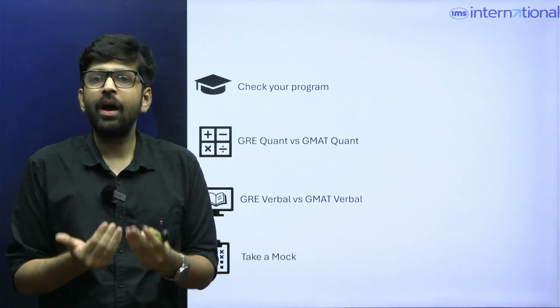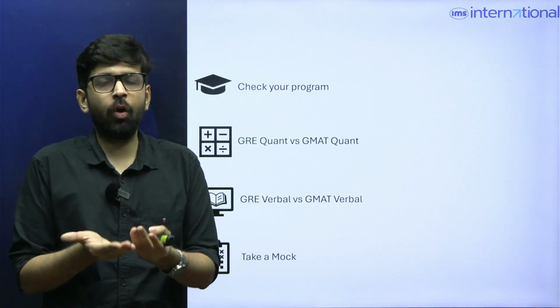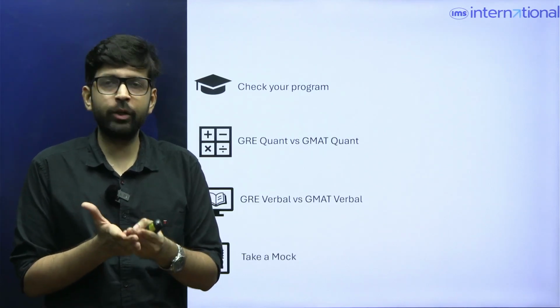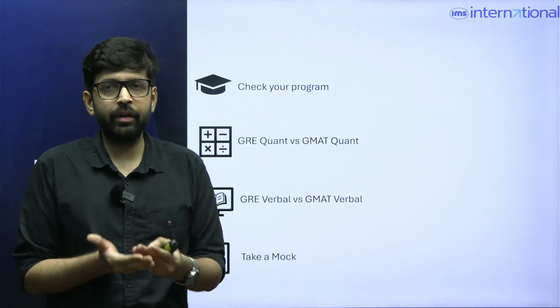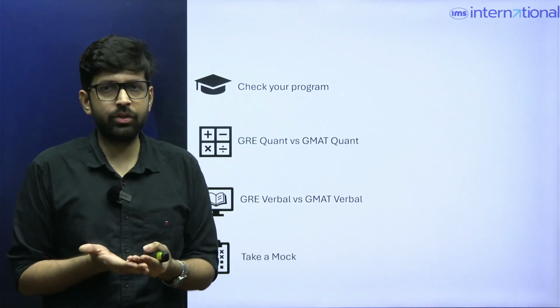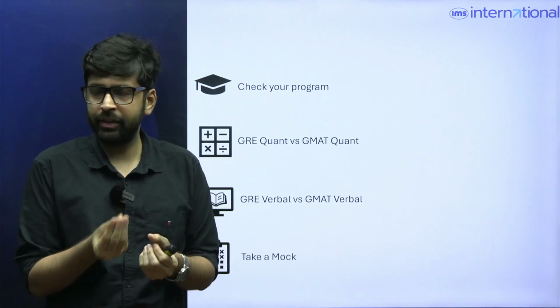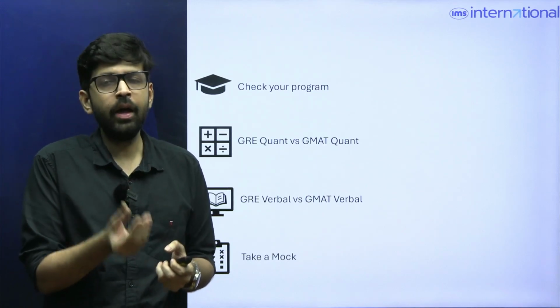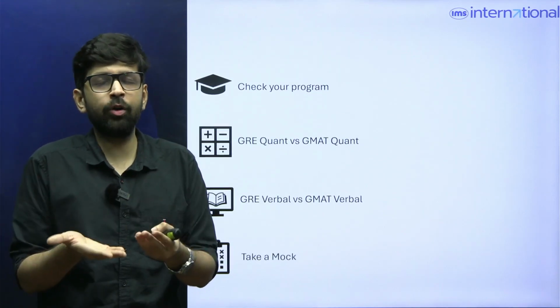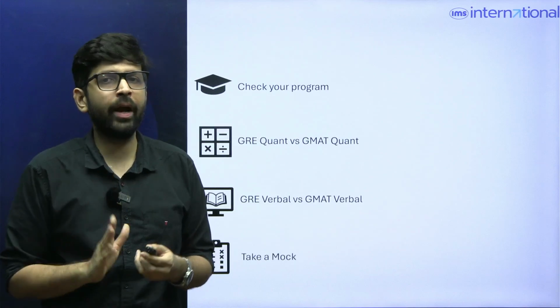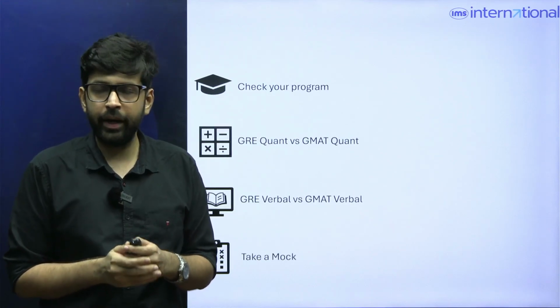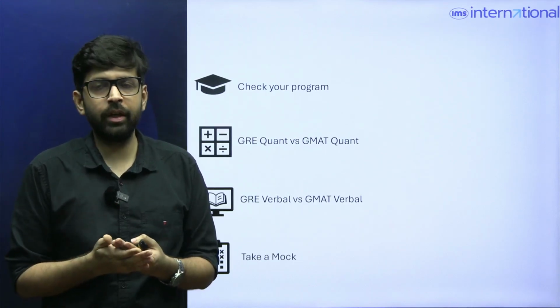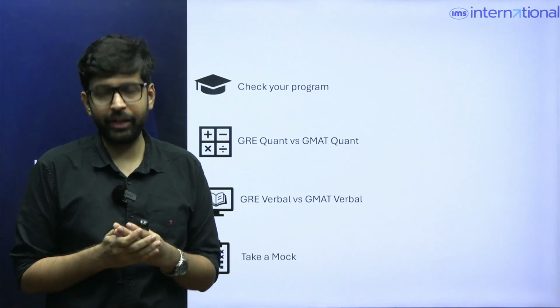Go for it, attempt it, then take a call on which exam pattern is suiting you better. Because as I said, if you want to get into the college, we should have a decent enough score, a score that matches their class profile. And then later on worry about whether a recruiting company is going to look at my GRE or GMAT score, right? You need to look at your convenience, which exam is suiting you better.